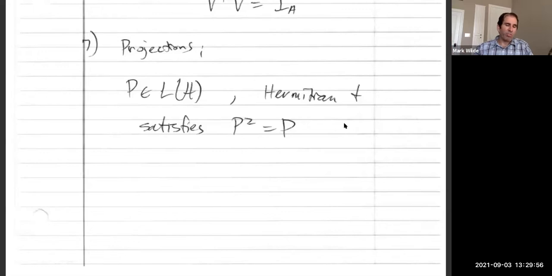cutting out certain values corresponds to a projection, okay? And so you can think of our data compression scheme as kind of like a measurement. Like we're asking, are you in the high probability set or not?